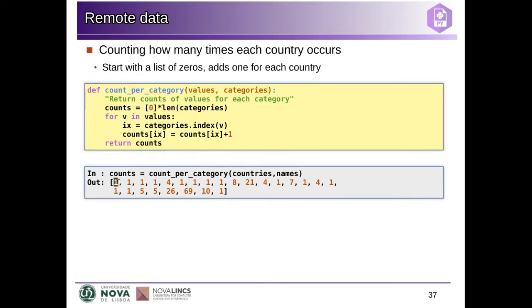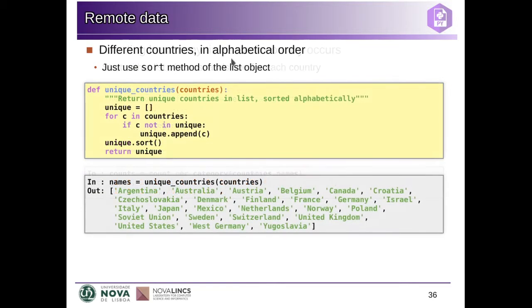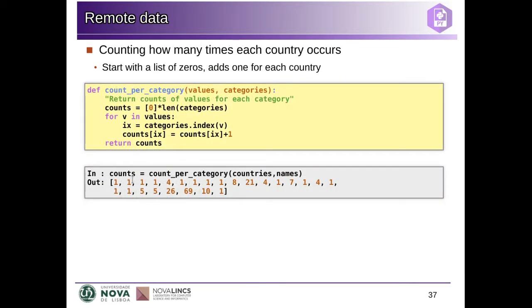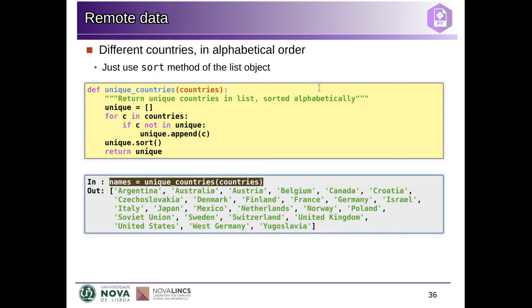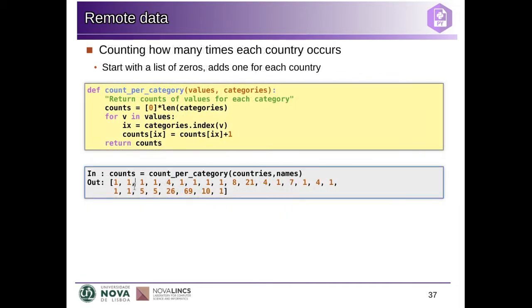So this would be the counter for Argentina, right? The next one for Australia, and so forth. So from here, with the full list of countries and the list of names ordered alphabetically, so this one we got here, we can obtain the count for all the countries.